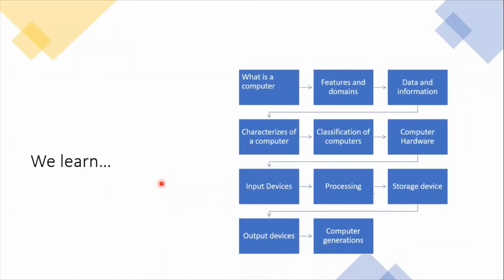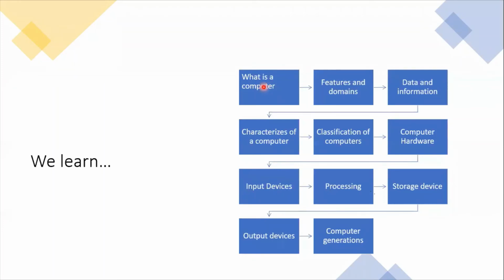Now we have learned about the whole scenario. What is a computer? In the same context we have covered the input, processing, storage, and output cycle, right? We have understood input devices and different hardware devices. Once data is generated from input devices, it is processed by the CPU.